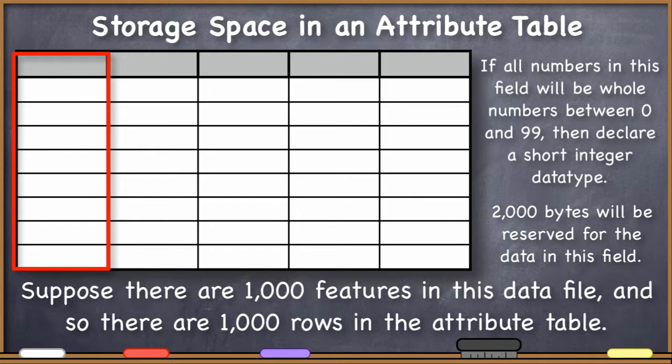If you had declared, say, a long integer, then you would have doubled the size of the file for no reason. 4 bytes would be reserved for each cell, or 4,000 bytes, or 4 kilobytes. If you would declare double precision floating point, then you would have used 8,000 bytes of space, or 8 kilobytes, and not gained any additional benefit if all you ever needed to store were the numbers 0 to 99 in any particular cell in the field.